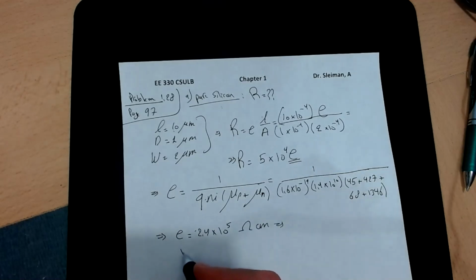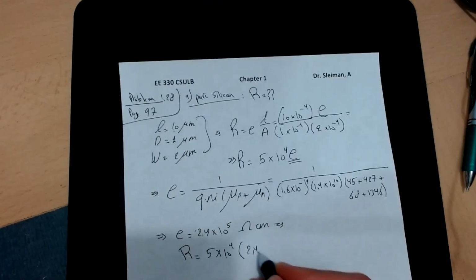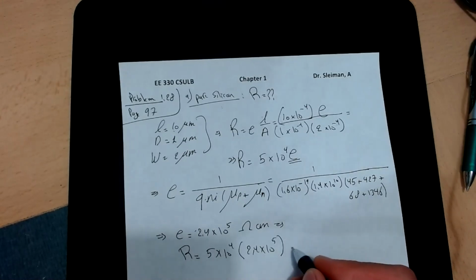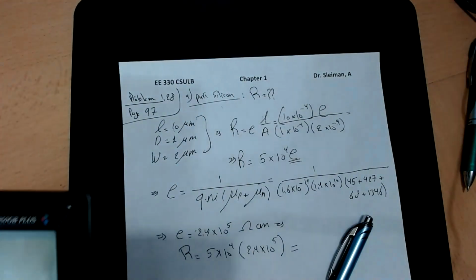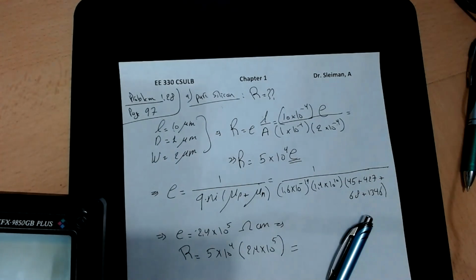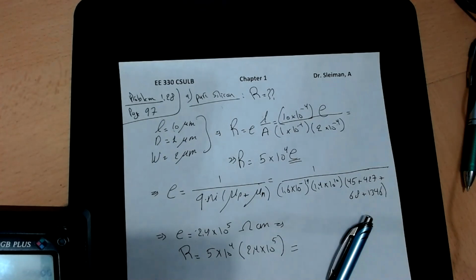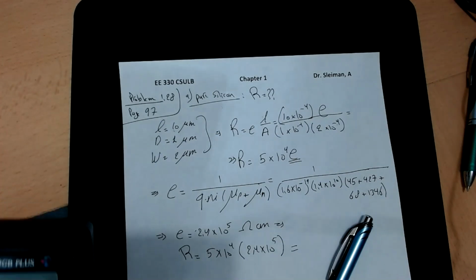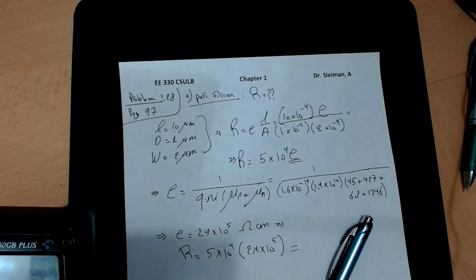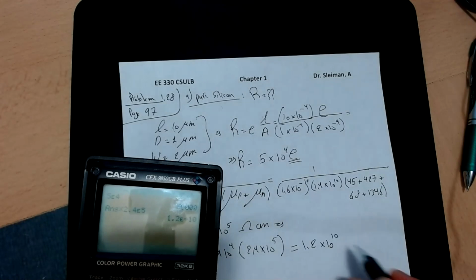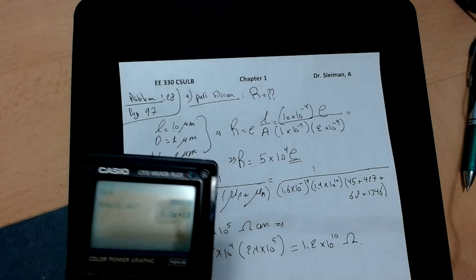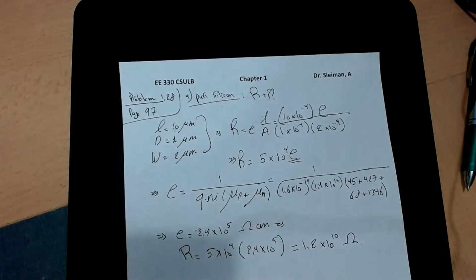So we substitute everything for R: 5 times 10 to the power 4 times 2.4 times 10 to the power 5, which is 1.2 times 10 to the power 10 ohm.